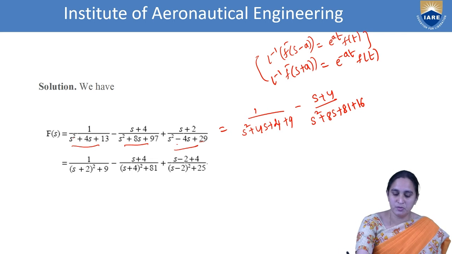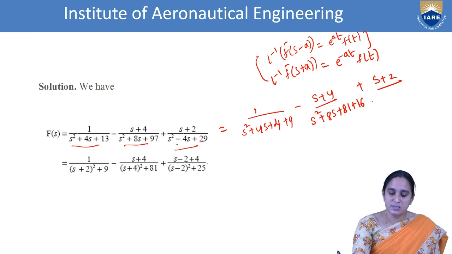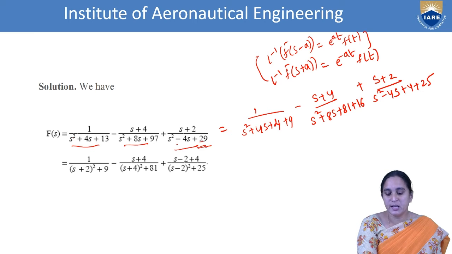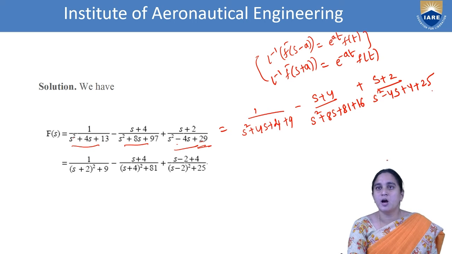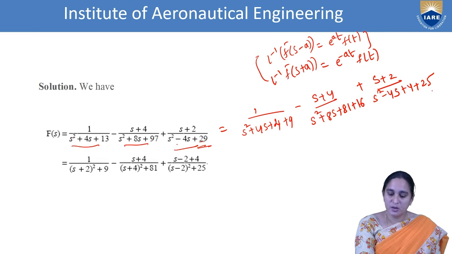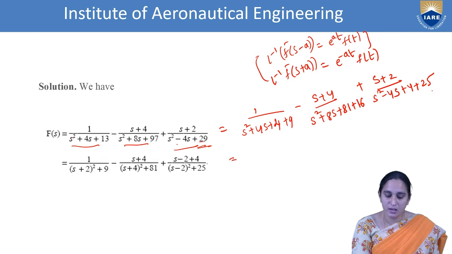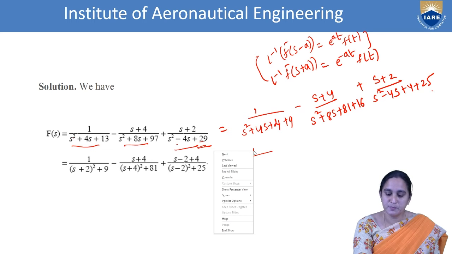That is 97 only. Plus s plus 2 by s square minus 4s plus 4 plus 25. I'll write 29 as 4 plus 25. How much is 4 plus 25? Again, that is 29 only.